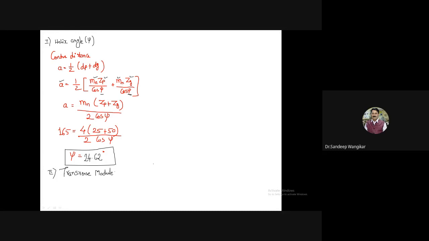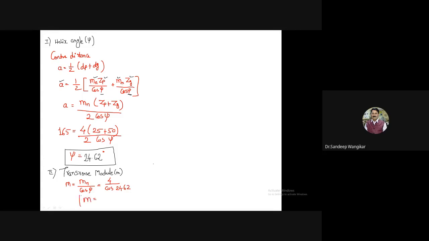So next I will take the transverse module, in bracket I can say m. I am having the formula for this: m is equal to mn divided by cos of psi, 4 divided by cos of 24.62.